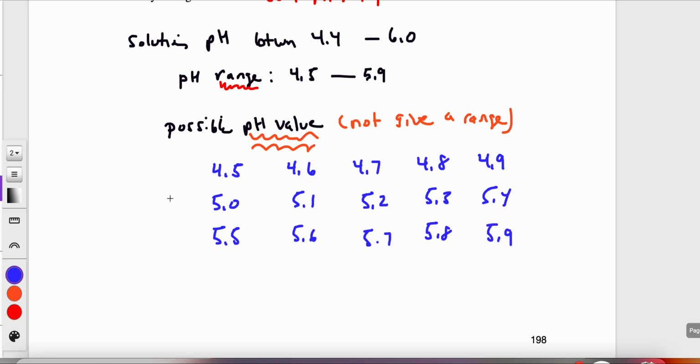Any one of these is a reasonable answer if you have to supply a pH value. If you need to supply a pH range, then the answer is 4.5 to 5.9. So make sure you read whether it says supply a range or a possible pH value.